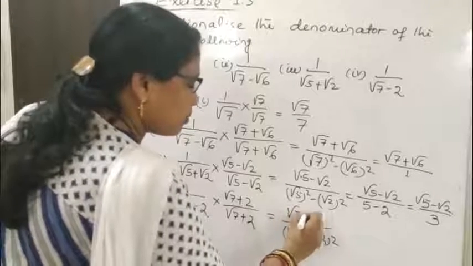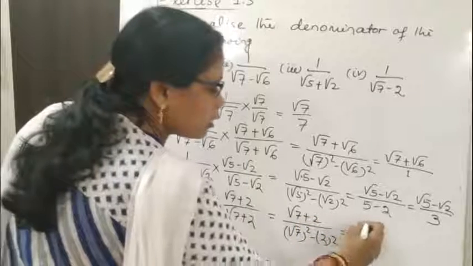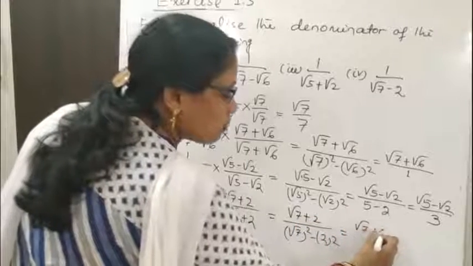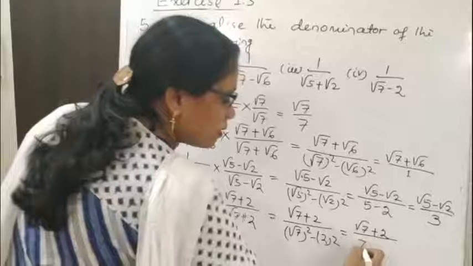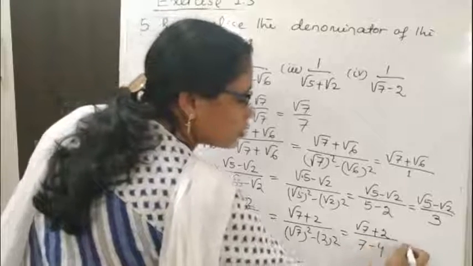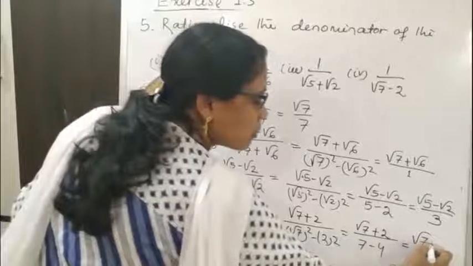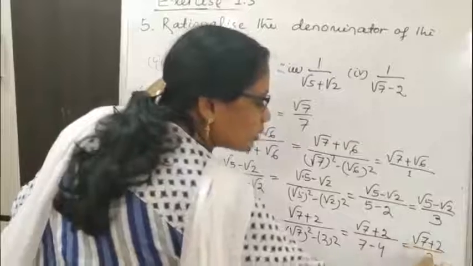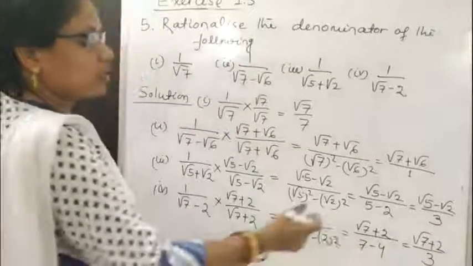The numerator is root 7 plus 2. So this is equal to root 7 plus 2 divided by 7 minus 4, which is root 7 plus 2 by 3. Here the denominator is rational.